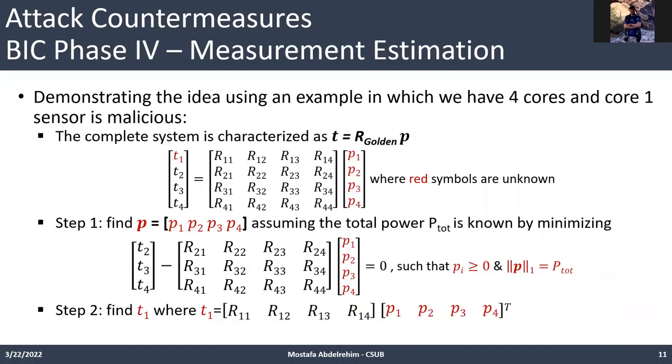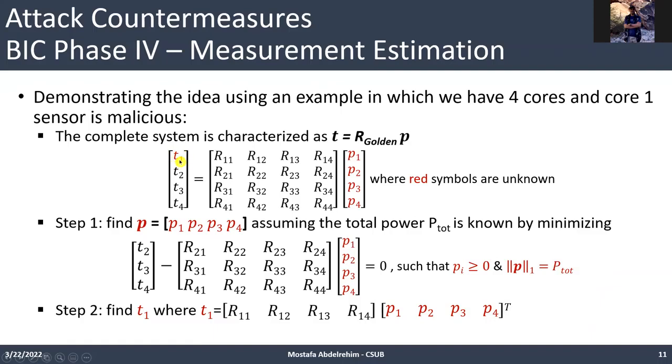The fourth phase of BIC is measurement estimation. Since we excluded one sensor, for example, DTM needs to continue its operation, so we need to re-estimate its temperature. Remember that after detecting the malicious thermal sensor, one of the temperatures is completely incorrect, so it can be considered unknown.